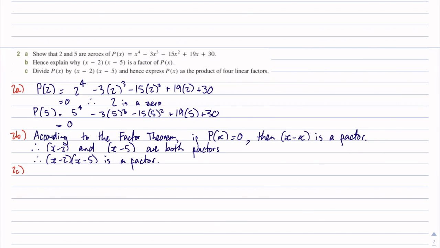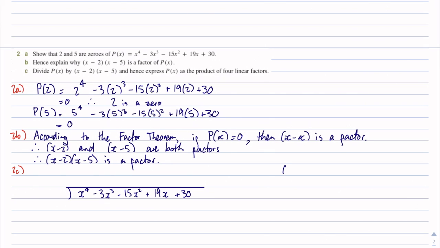2c, p of x. Okay, we're going to do some polynomial division. Two ways to do this. I could either do x to the 4 take 3x cubed take 15x squared plus 19x plus 30, and divide it by x take 2, get the answer, and then divide that answer by x take 5, or I could do those in one fell swoop.